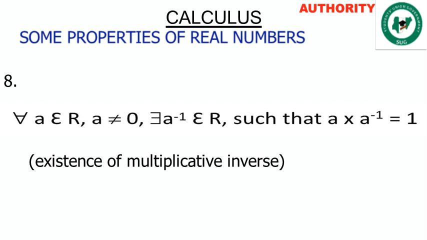For instance, you take any number, let's just say 5. 5 multiplied by its inverse, and I say the inverse of a number is 1 all over that number, so it will be 1 all over 5. Now 5 times 1 all over 5 will give you 5 all over 5, which is 1. So in a real number system, when a number multiplies its inverse, it will be 1. You can use 2 ways to represent inverse: that number raised to power minus 1, or 1 all over that number.